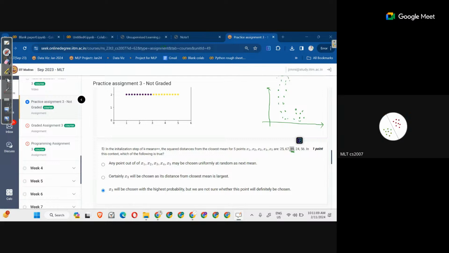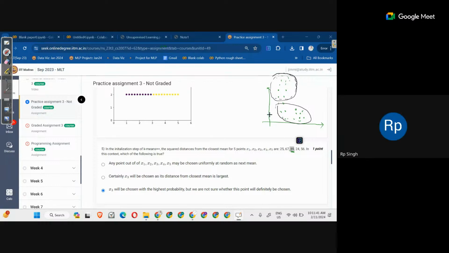But what will happen when you use the k-means clustering algorithm? If we use k-means plus plus for initial centroids, then we will get some shape like this only. I'll just try to draw it, a shape like this, or something like this.